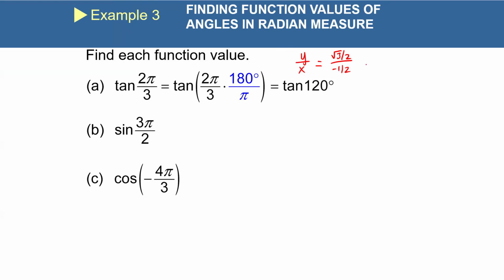Cancel out, and all you're left with is negative square root of 3. Yes? Okay, so in unit 1, let's recall what we learned. Cosine equals your x, sine equals the y value, tan equals your y over x, and then of course they have reciprocals, right?